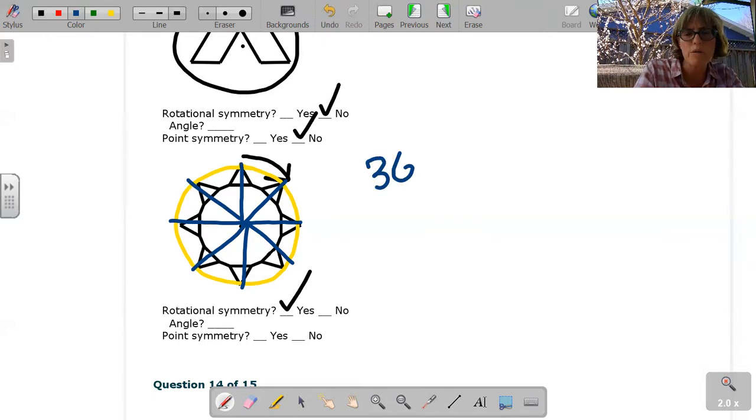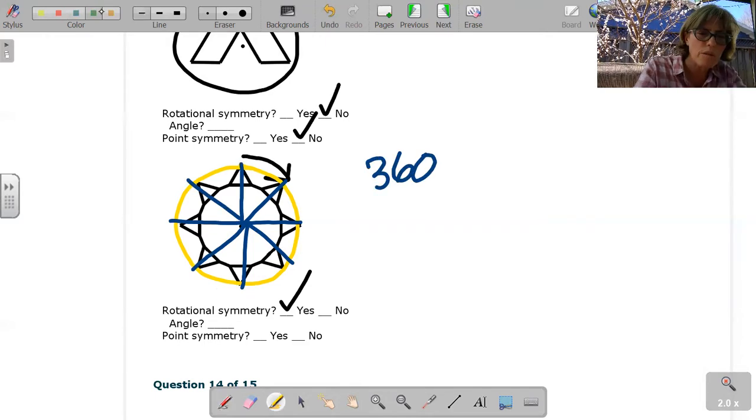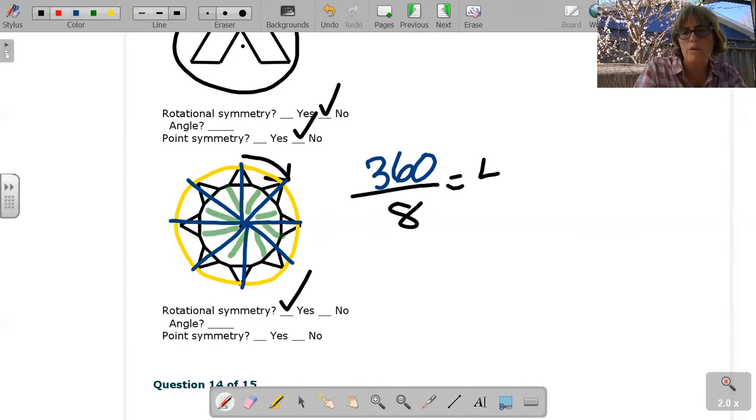So we have 360, and we have 1, 2, 3, 4, 5, 6, 7, 8 pie slices. So my angle of rotational symmetry is simply 45 degrees. So does it have point symmetry? Yes, 45 degrees.